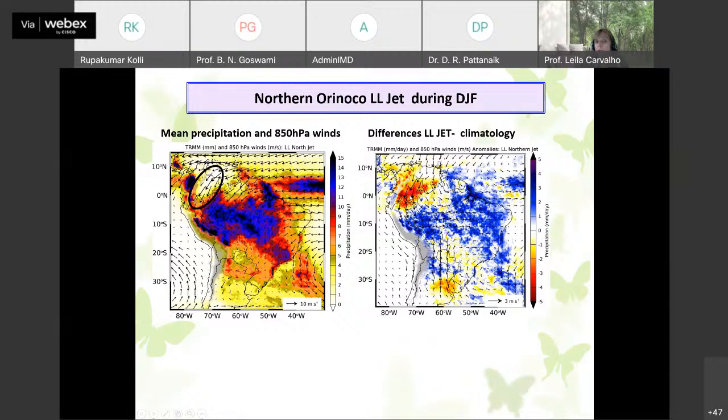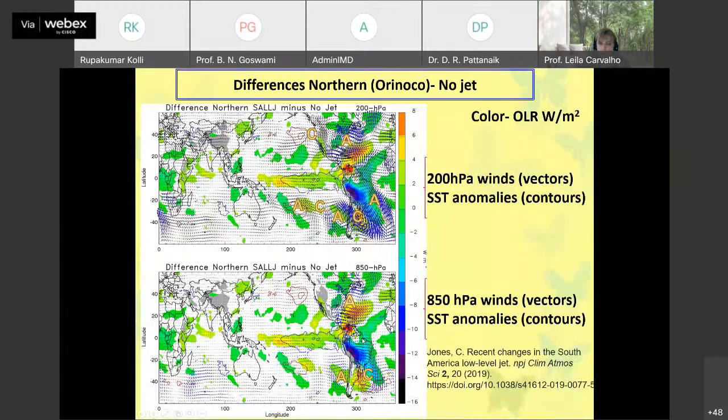So you would expect to see less precipitation. And this moisture is transported by these anomalous westerly winds along the region of the monsoon. So this is why this jet is important to be well understood.